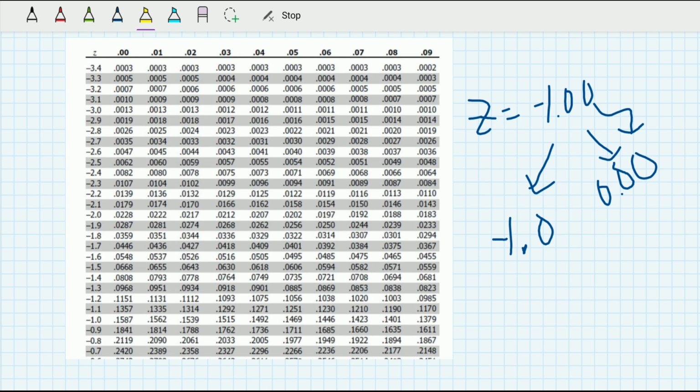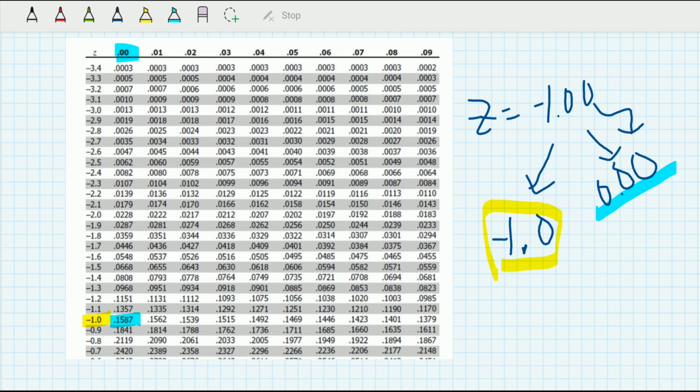For this side, the integer plus the tenths, that's what you find on the left. So it's negative 1.0, which is right there. The next one is 0.00, which is the first column. Then all we have to see is where they intersect, and that'll be right there. That's how you read this table.